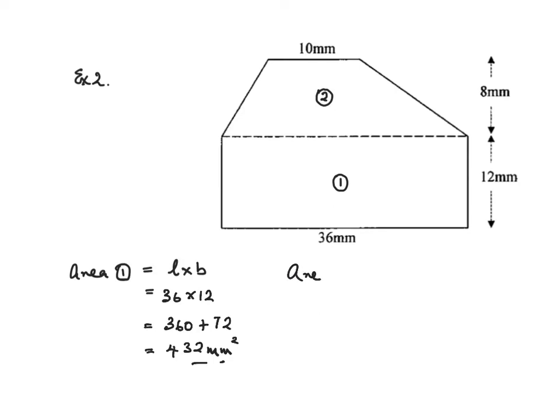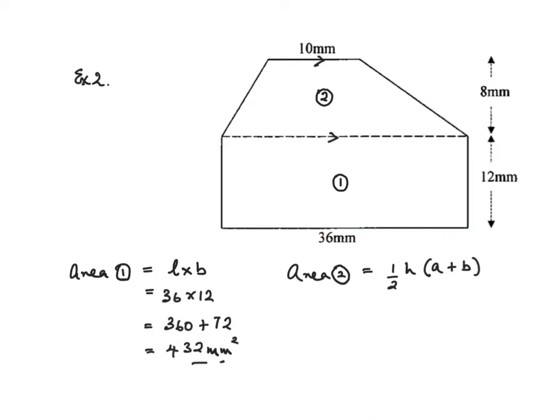Area 2. Now the formula for the area of a trapezium is 1/2 of the height multiplied by A plus B, where A and B are the parallel sides. So let's just check. Here's the height here. That would be A. That's one of the parallel sides. I could just mark in an arrow. And the other parallel side is this one here, which is 36.